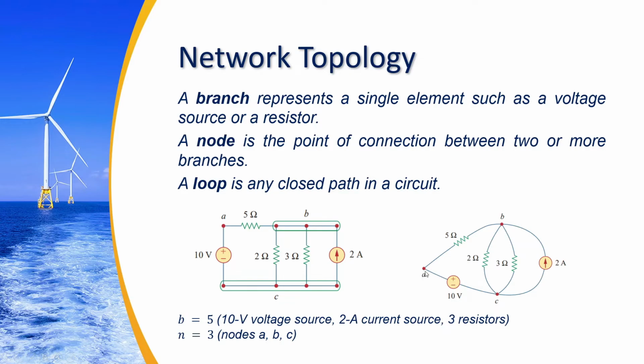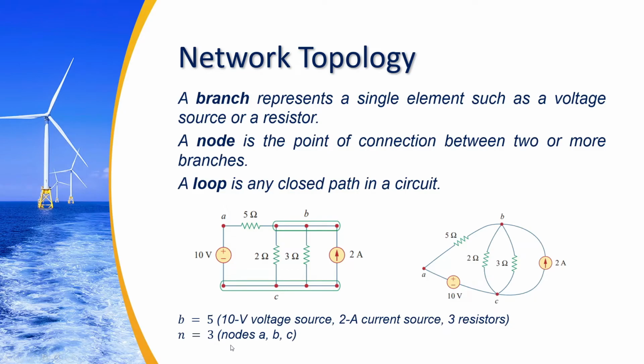So, for node A, connected to it are 2 branches, the 5 ohm and our 10 volt source itself. For node B, connected to it are our 5 ohm, 2 ohm, 3 ohm, and our 2 amp current source. Then for node C, connected to it are our 10 volt source, 2 ohm, 3 ohm, and our 2 amp current source. So therefore, we have 3 nodes.